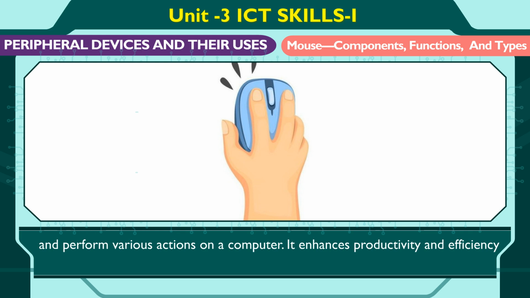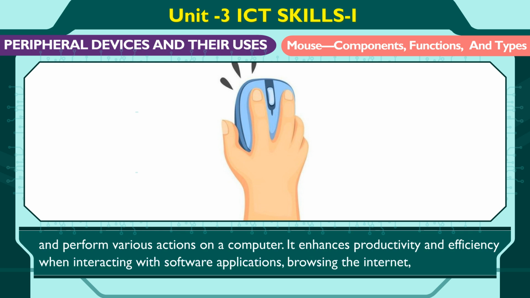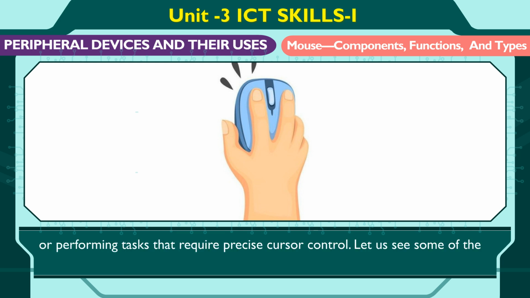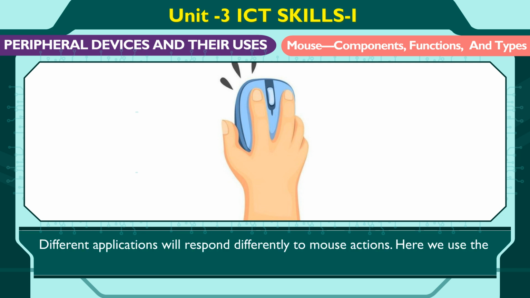It enhances productivity and efficiency when interacting with software applications, browsing the internet, or performing tasks that require precise cursor control. Let us see some of the functions that can be performed using a mouse. Different applications will respond differently to mouse actions.